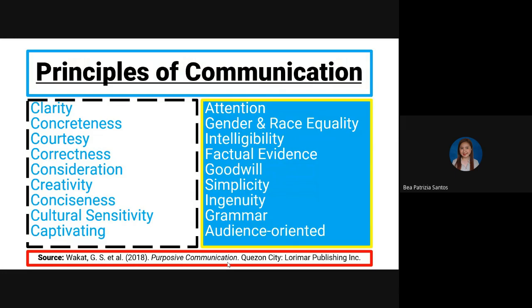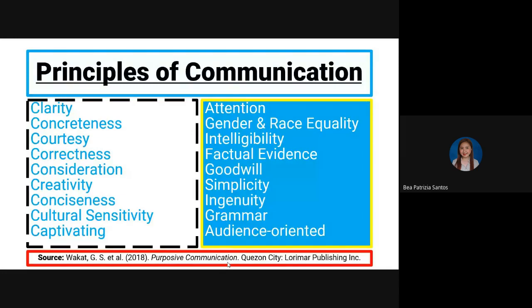Next, conciseness. Conciseness is for simplicity. That's correct. The eighth one, cultural sensitivity. What do we need to be sensitive about when we communicate with others?